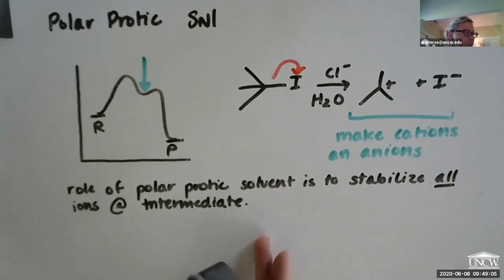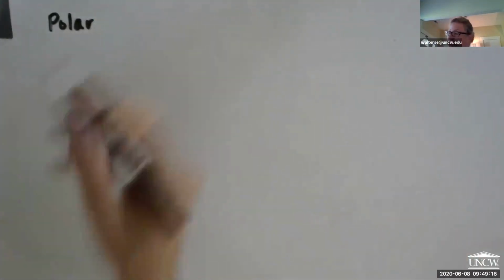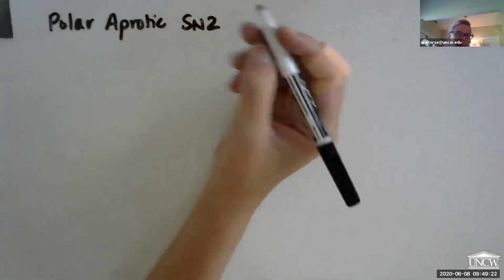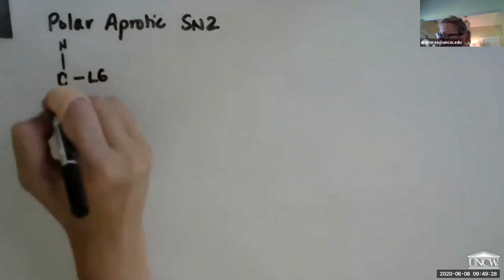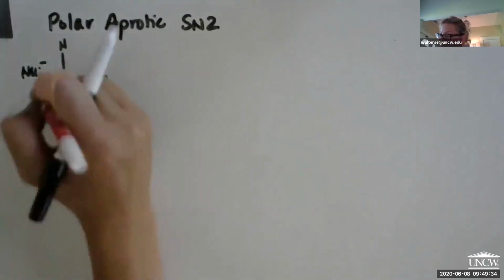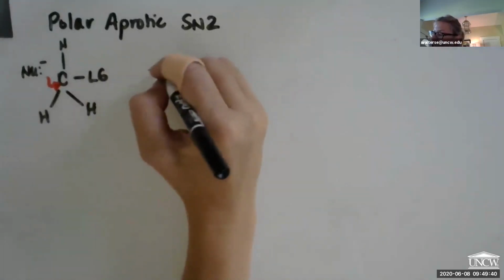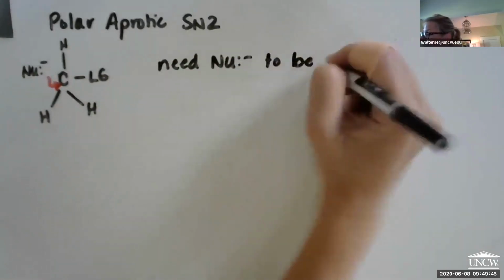Questions about this? Now, polar aprotic solvents are for SN2. In SN2 reactions, all we have to do is get our nucleophile into attack. So we need our nucleophile to be ignored by the solvent.